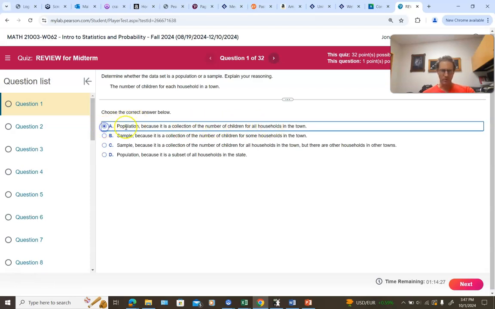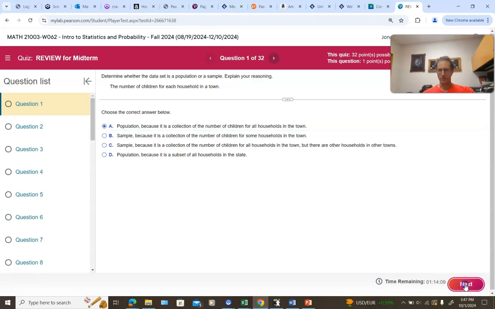So I think it's going to be choice A, which says a population because it is a collection of the number of children for all households in the town. These other choices are incorrect.